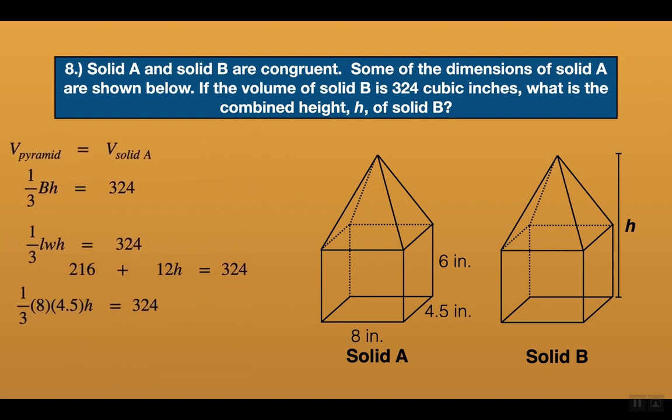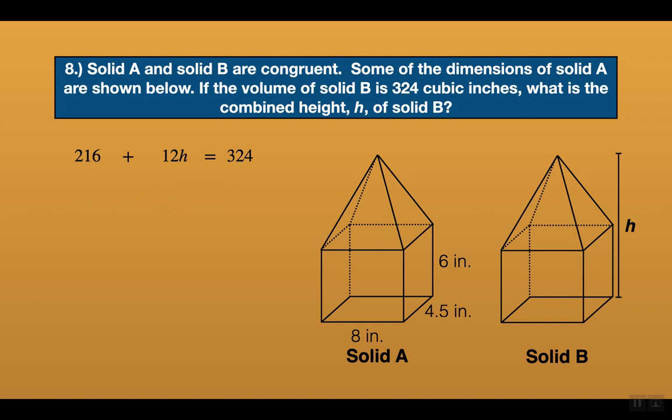So that leaves us with a much easier equation to work with. This is a simple two-step equation at this point where we're trying to solve for h. So let's solve for h by first getting rid of 216 by subtracting it from both sides, which will give us 12h equals 108. And now let's divide both sides by 12, and that'll give us the height of the pyramid, which is 9 inches.